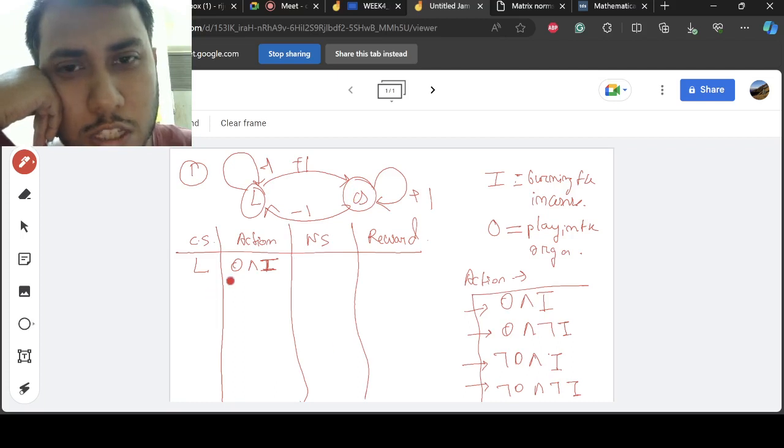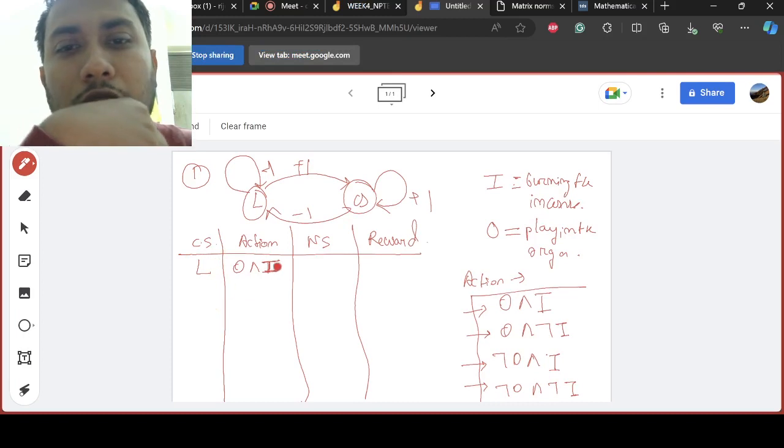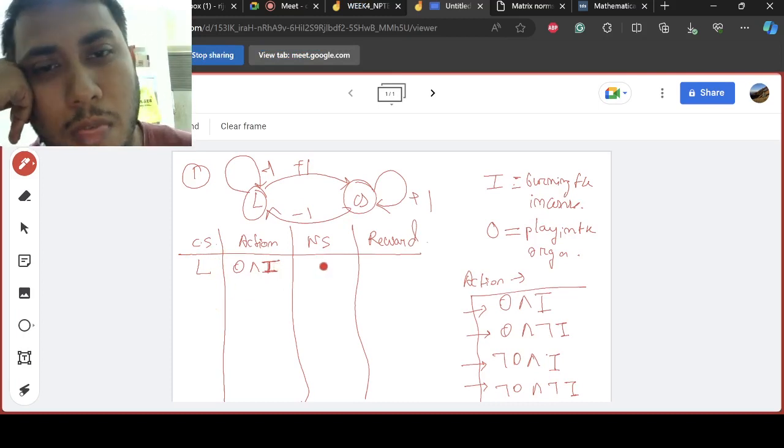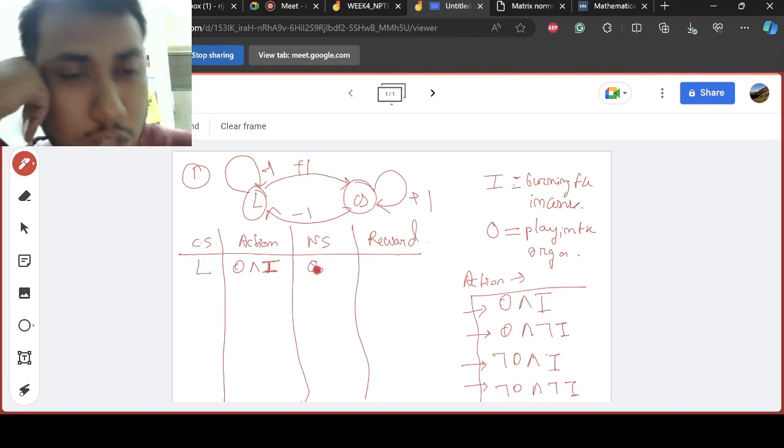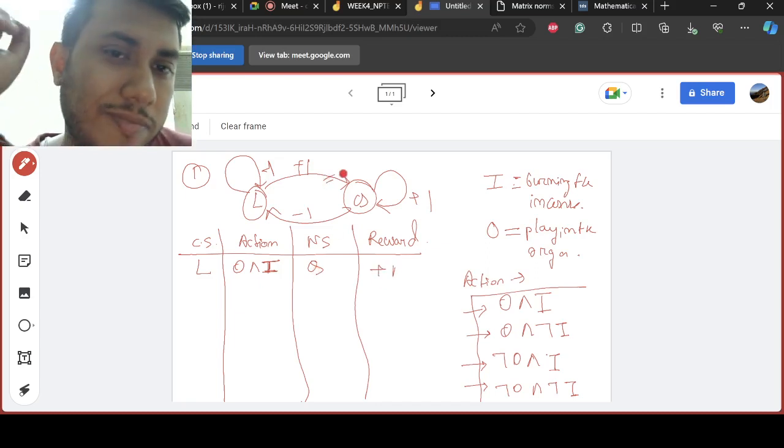So the current state is L, it's playing the organ, so the next state will be Q, the quiet state, and the reward will be +1. This is the transition that is being made.